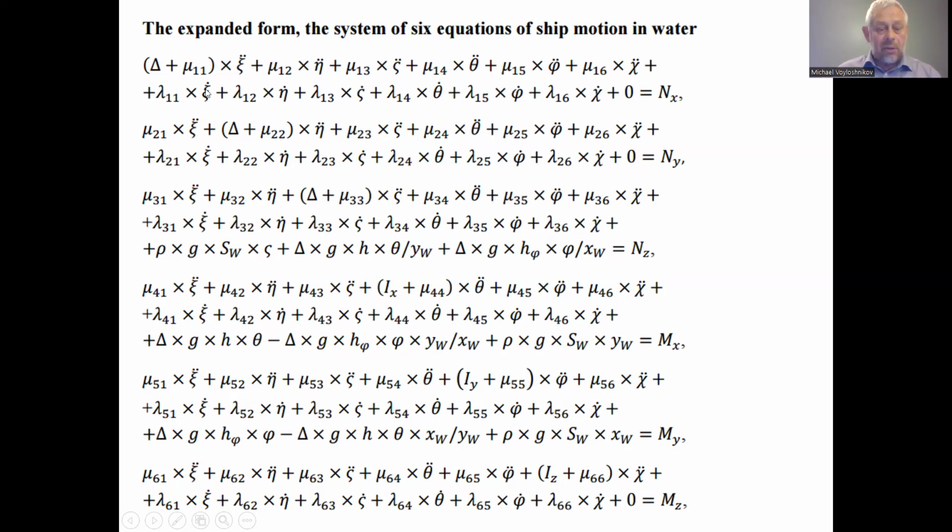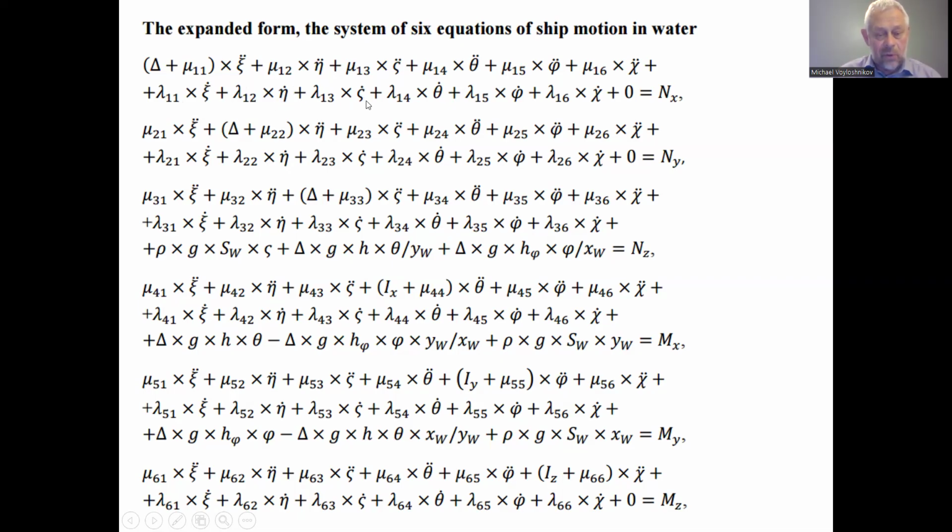In the second row, we have the damping forces, that is, the forces of resistance. The same indication: this lambda is a factor of the proportionality of the force of resistance, which appears along the abscissa axis on behalf of the velocity of the ship along the same axis. This is the force of resistance arising along the abscissa axis because of the velocity of the ship along the ordinate axis.